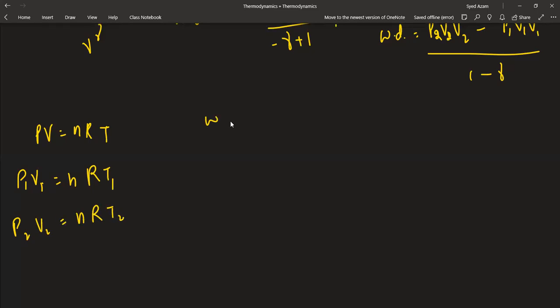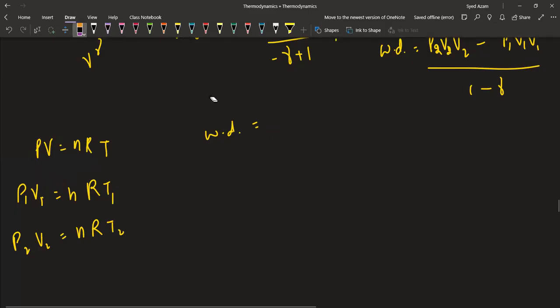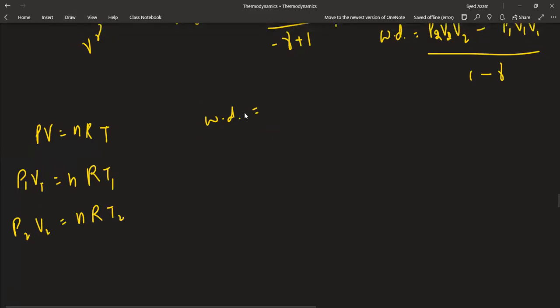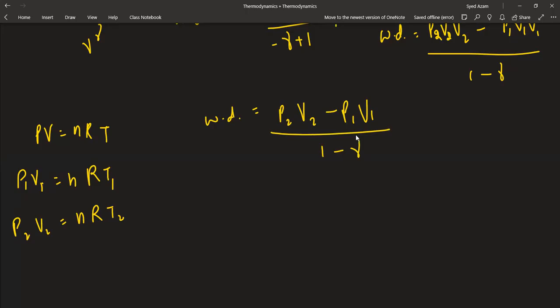So your work done here can be written as, firstly, one formula of work done will be P2 V2 minus P1 V1 divided by 1 minus gamma.